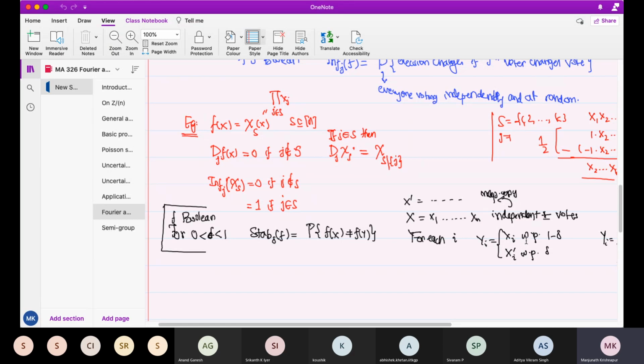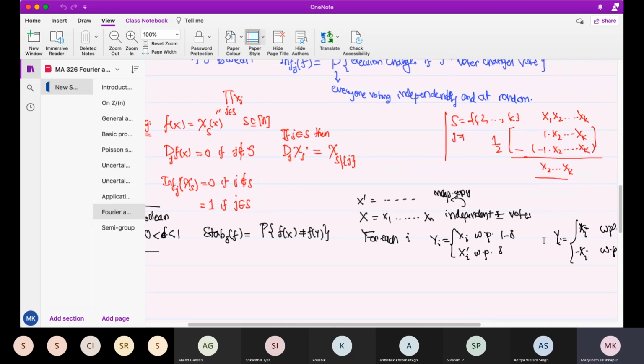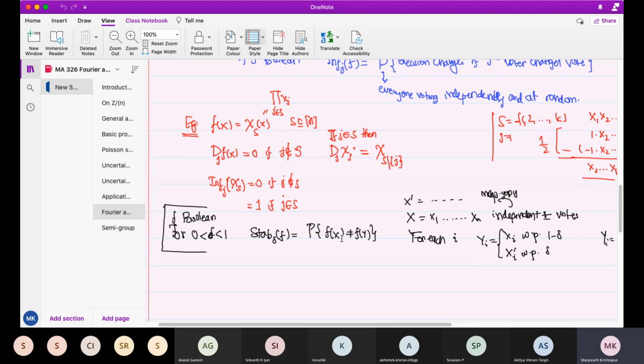By then, each voter keeps his or her vote with probability 1 minus delta, and with probability delta refreshes his or her opinion. That means, again, with probability delta by 2 it is plus 1, and with probability delta by 2 it is minus 1; those are the y_i's. So the question is, will the overall decision of the election result change? It depends on the kind of function you're using to pool the votes.